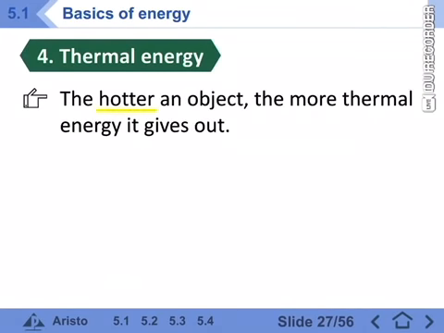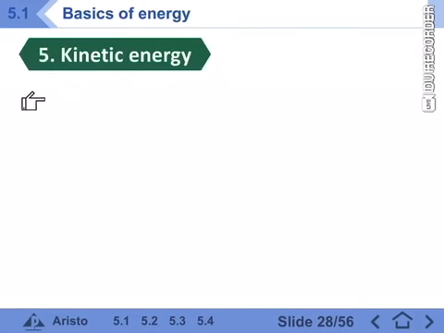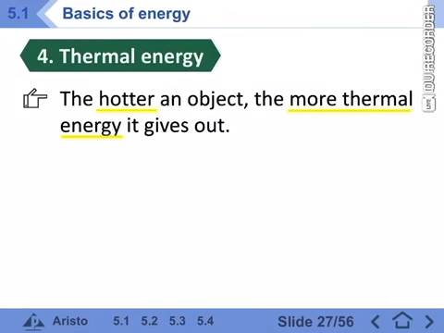Now, in here you have to be careful. You should not think that only hot objects give out thermal energy. In fact, even at a really cold temperature, as long as there is some temperature, an object will give out thermal energy. Even a normal room temperature glass of water still gives out thermal energy.